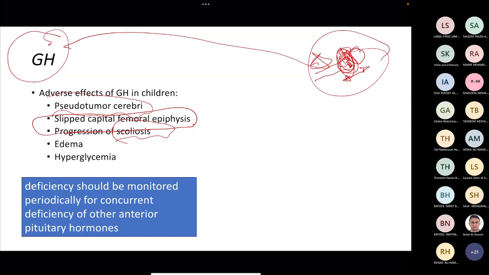Sometimes if you have a growth hormone deficiency, this could also mean that some other hormones are missing, so you have to investigate them.